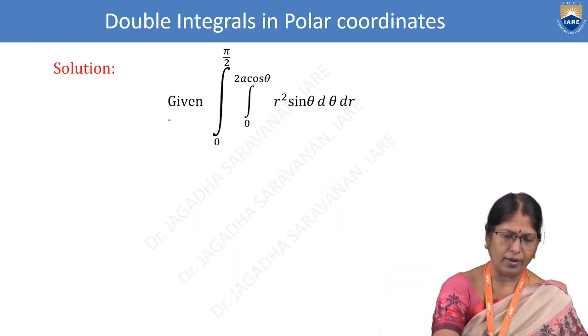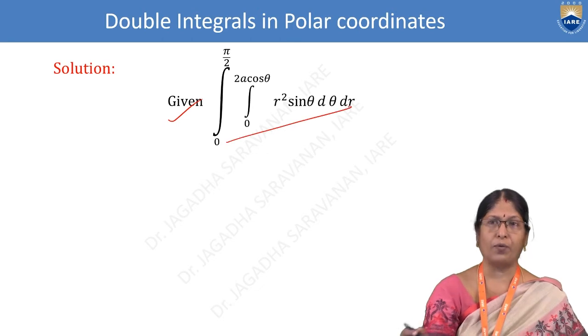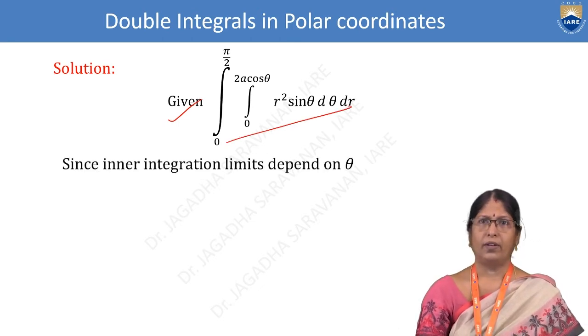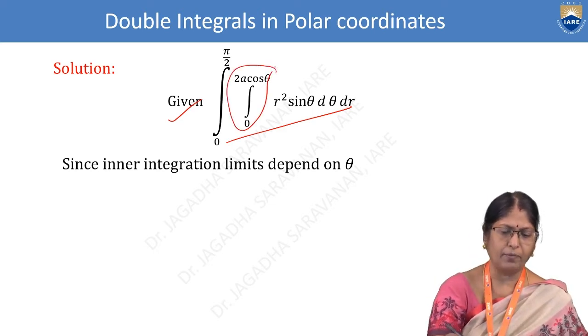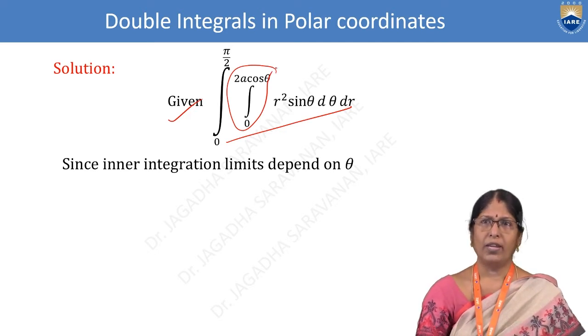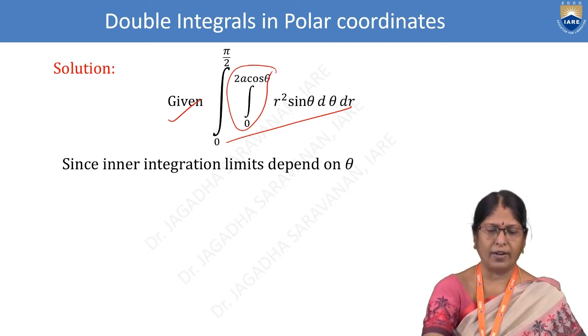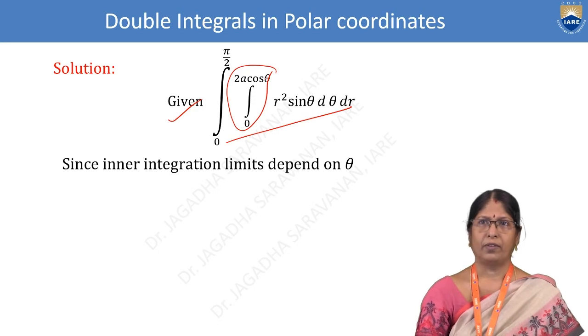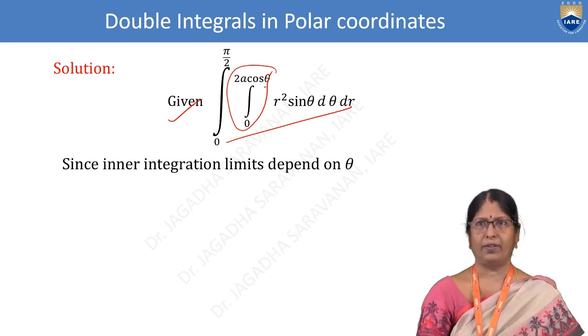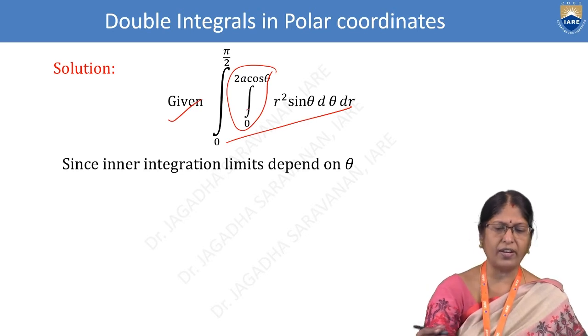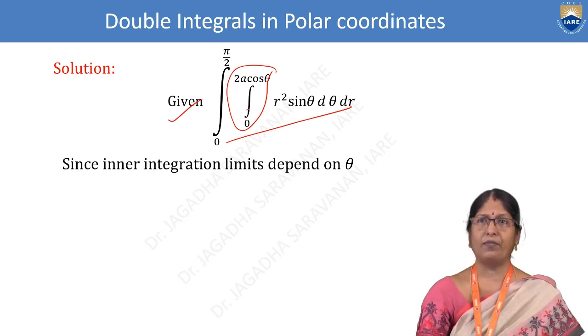So what is the equation we have been given? Now we are looking at the inner integration. This is the inner integration, a function of theta, because here 2a cos theta is there. That means the interior integration is defined for r.